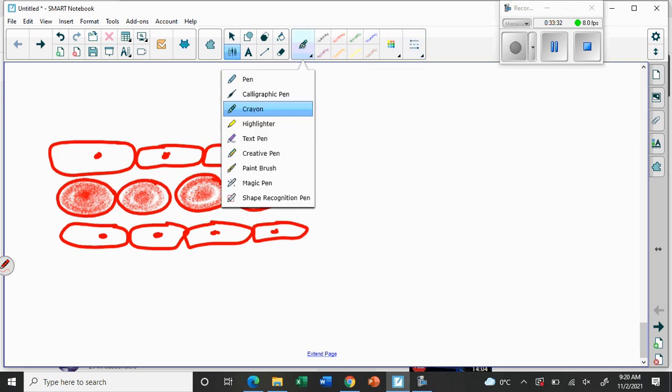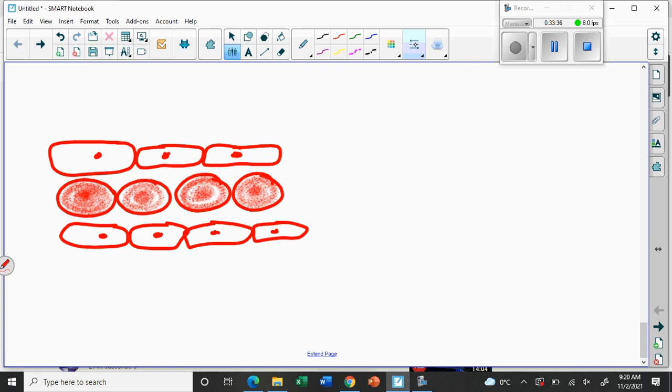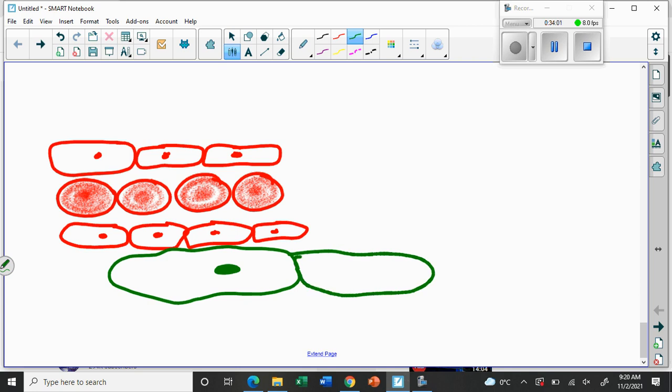Let's go back to my pen, and maybe in black. Okay, let's pretend that we're coming past an intestinal villi. So over here in green, I'm going to draw this capillary going by, and next to it are the cells of the intestinal villi, right? So this is wrapping around the cells of the intestine wall.